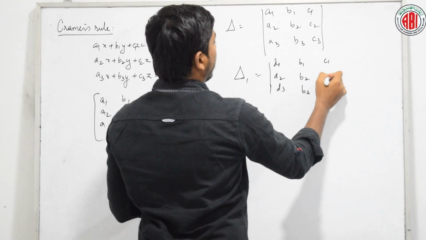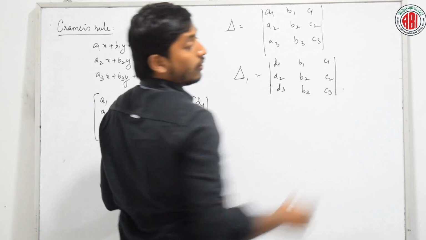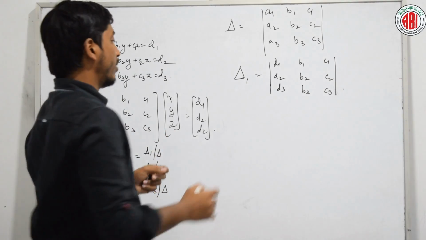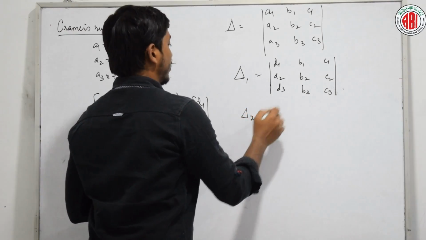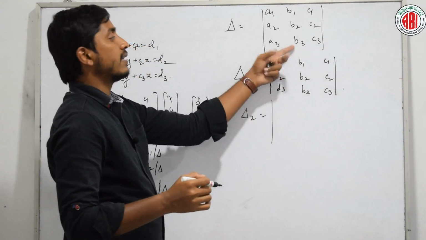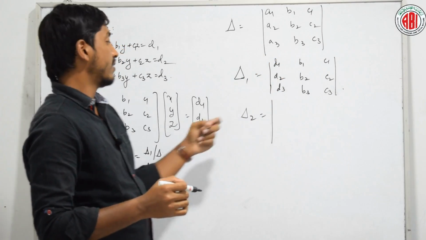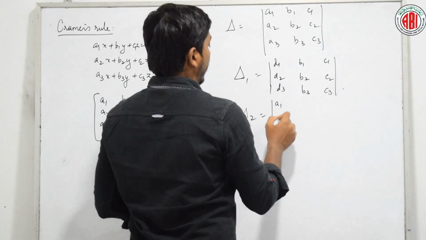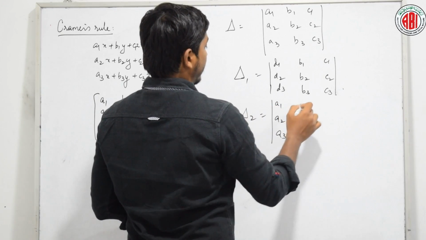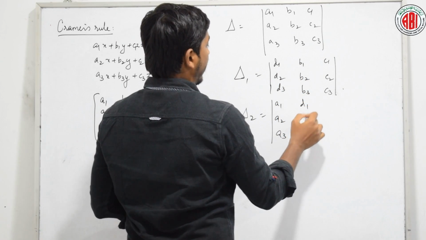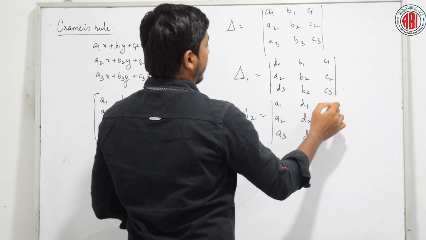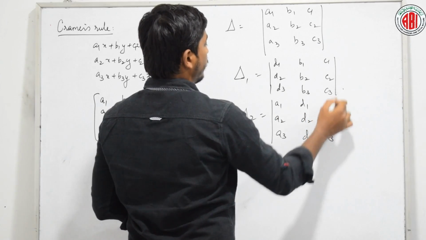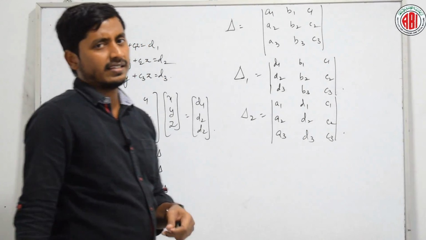Hope you understood. Then what about delta 2? Delta 2 is similarly, we replace the second column with this constant matrix. That is a1, a2, a3 will be as it is. Instead of b1, b2, b3, I will get d1, d2, d3, and the next c1, c2, c3 will be as it is. Is it clear?